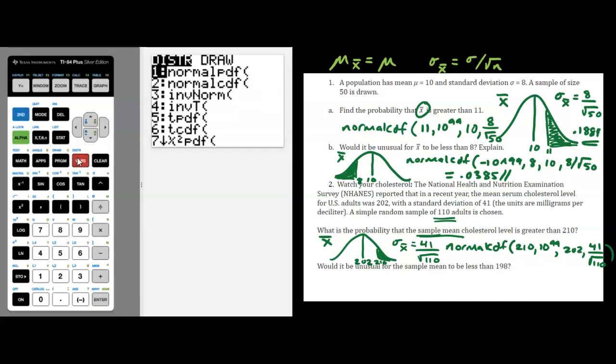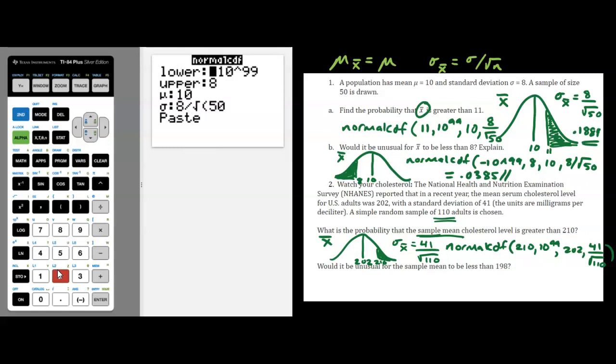Second vars, number 2 for normal CDF, 210 up to 10 raised to the 99th power. Now our mean is 202, and our standard deviation is 41 divided by the square root of 110.